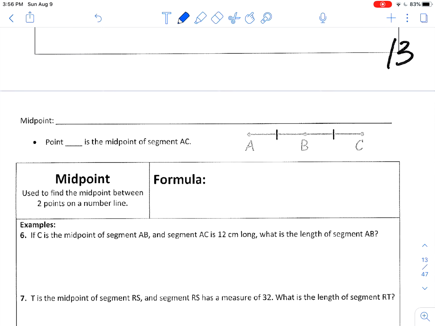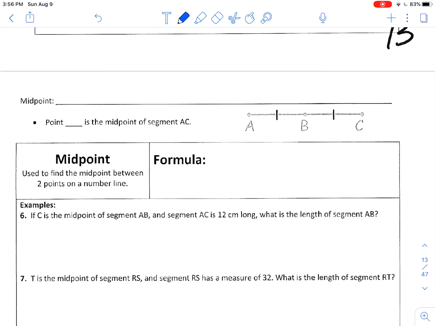The midpoint is a point that divides a segment into two equal segments, or congruent segments.